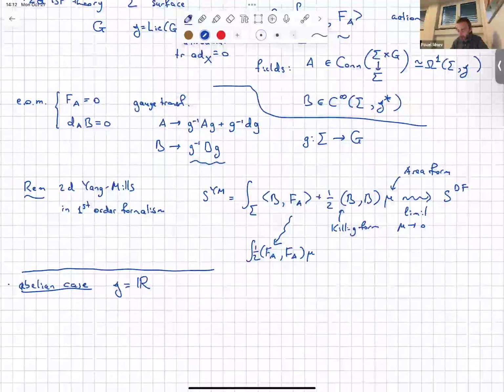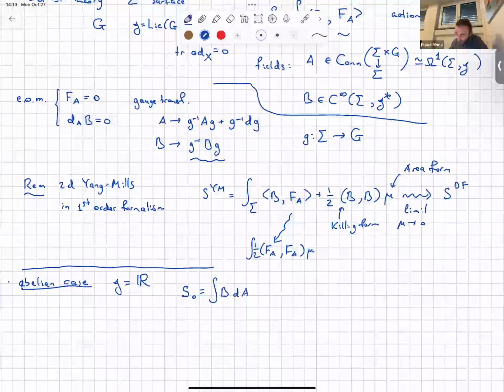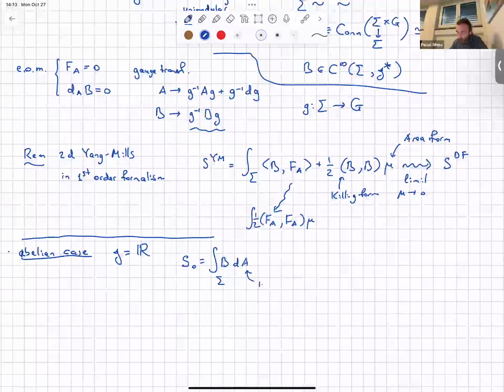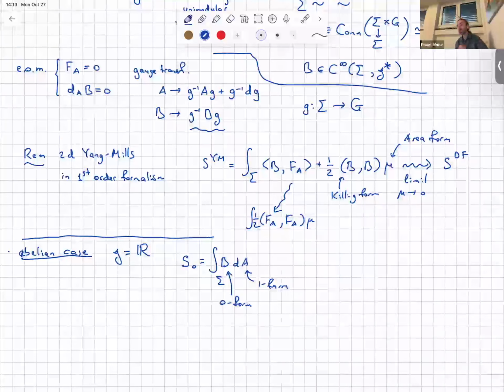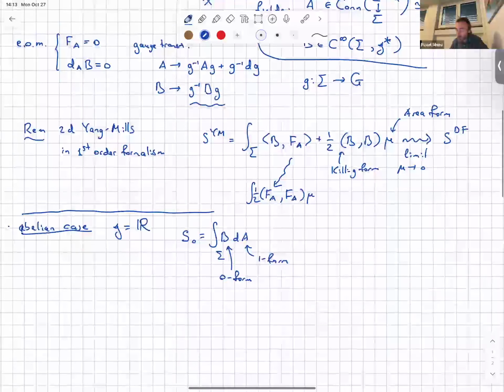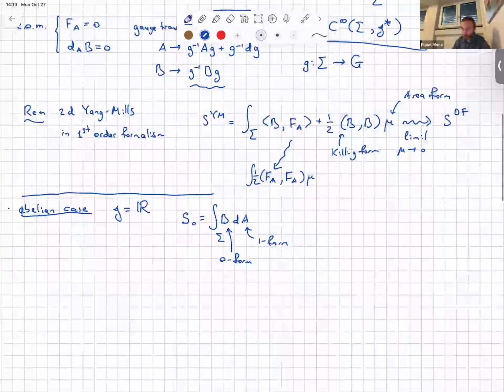In this case, the action of BF theory is just the integral of B dA. The fields are a 1-form with coefficients in the reals and a 0-form, or a function, also with coefficients in the reals. A very nice looking action. The gauge symmetry is just shifting A by exact 1-forms and not doing anything to B.